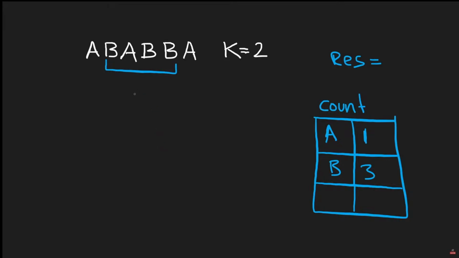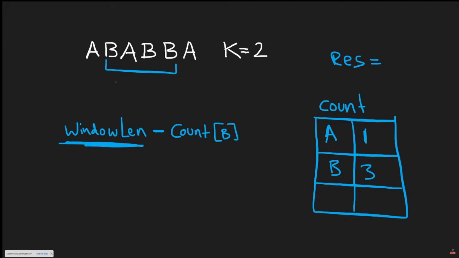We're going to take the length of the window, which in this case is 4, and we're going to take the count of the most frequent character. In this case, that's B, and the count happens to be 3, so we take 4 minus 3, and we get 1.